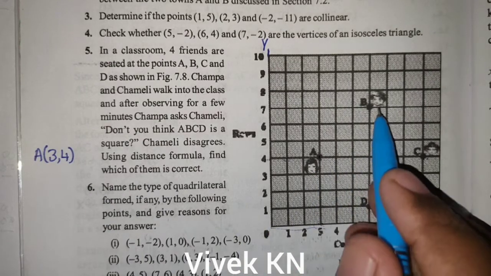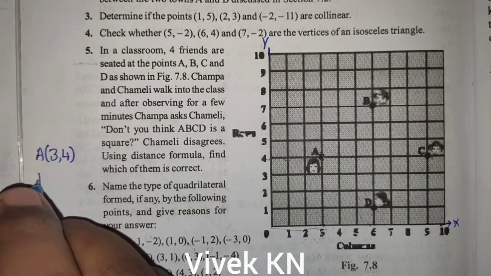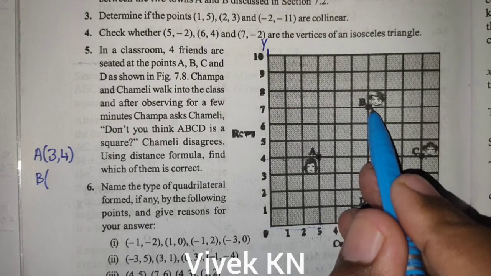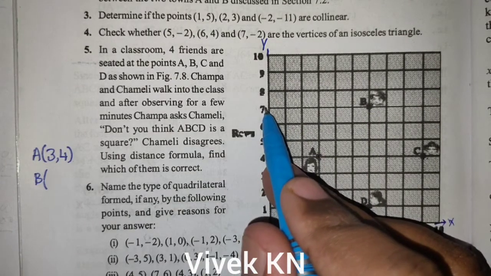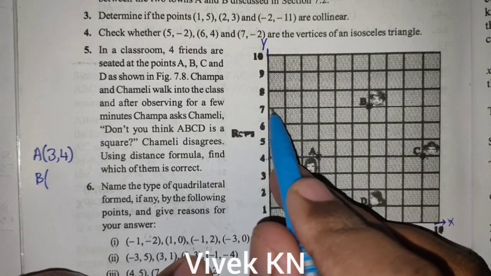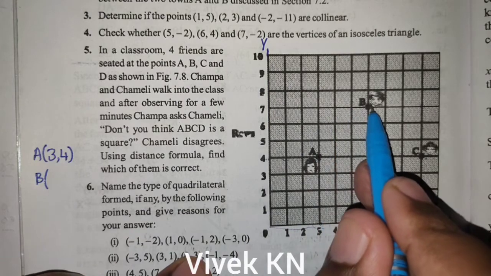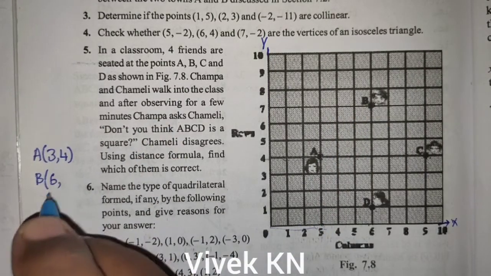The coordinates of the point A are 3, 4. Now let us find out the coordinates of the point B. The distance of the point B from the y-axis is called its x-coordinate. So 1, 2, 3, 4, 5, 6. The x-coordinate of the point B is 6.